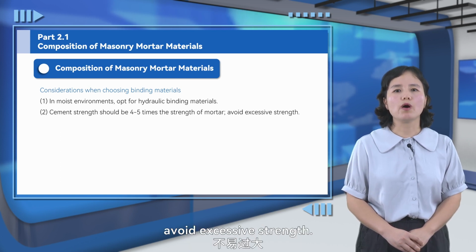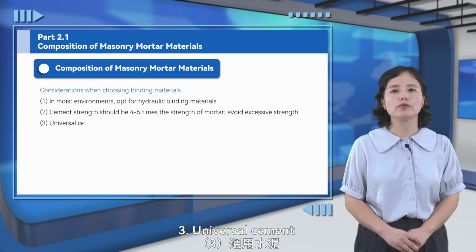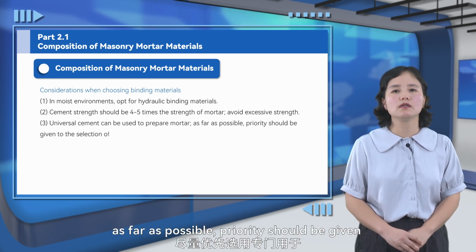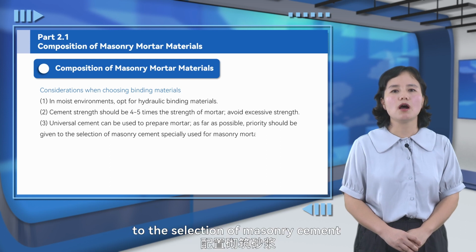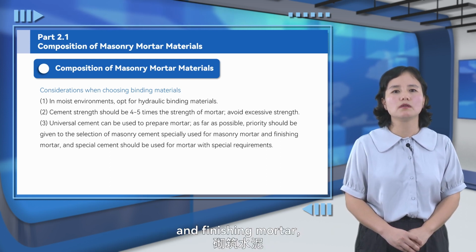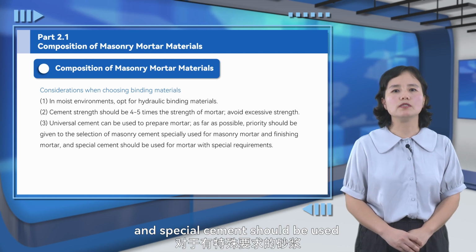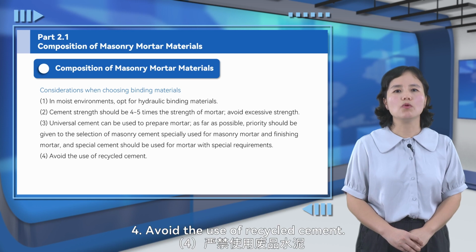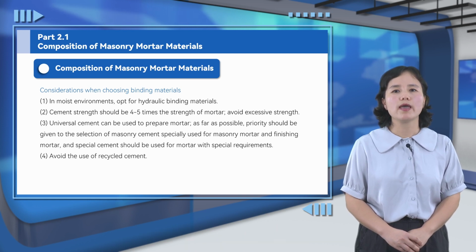Avoid excessive strength. 3. Universal cement can be used to prepare mortar. As far as possible, priority should be given to the selection of masonry cement specially used for masonry mortar and finishing mortar, and special cement should be used for mortar with special requirements. 4. Avoid the use of recycled cement.